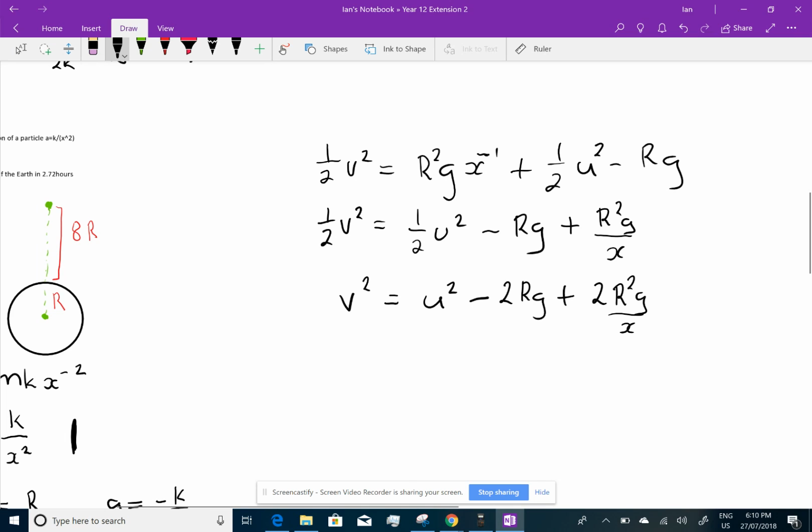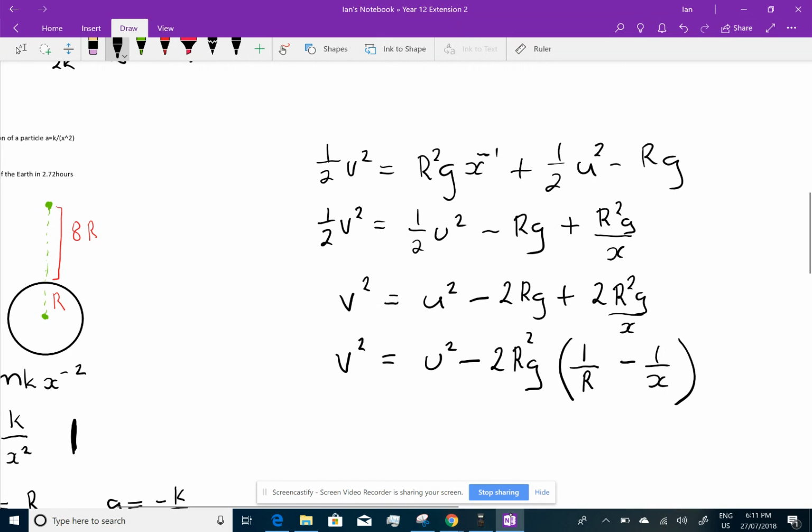And if I wanted to go the last bit, v squared equals u squared minus 2rg, and I'll be left with, and I'll put a squared in there, 1 on r minus 1 on x.